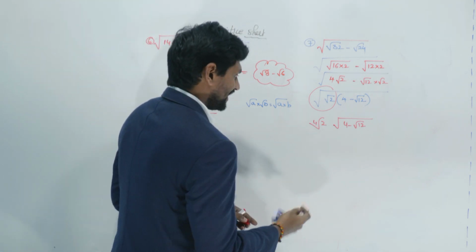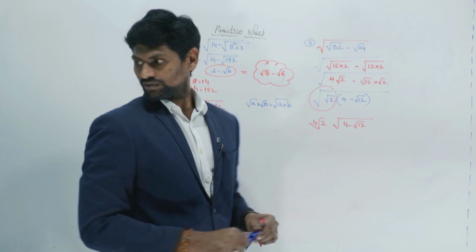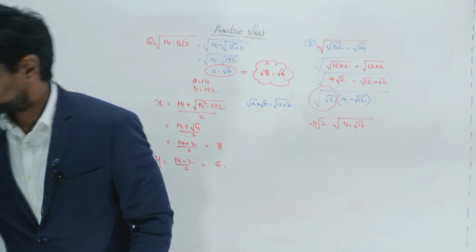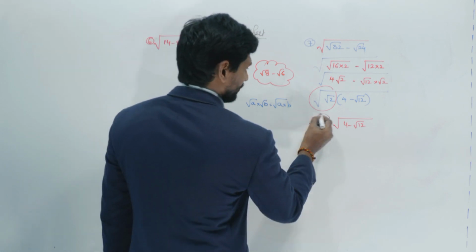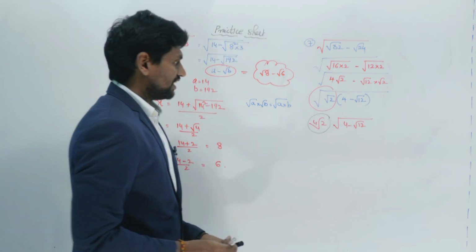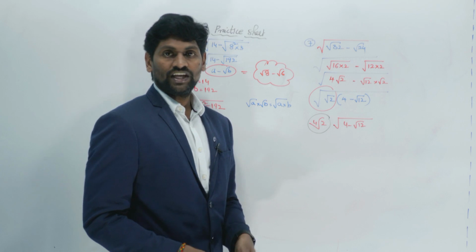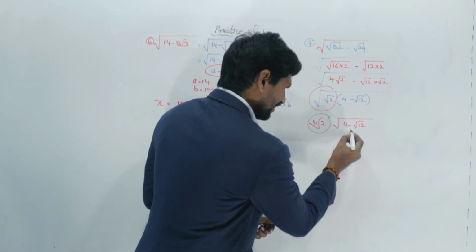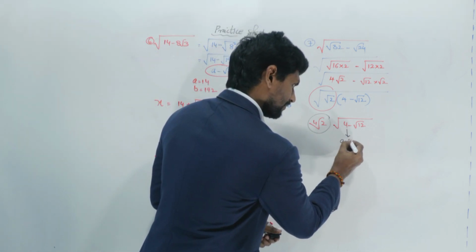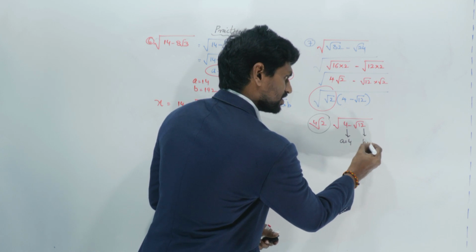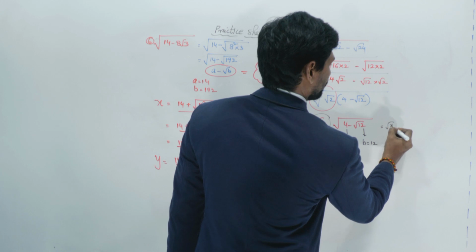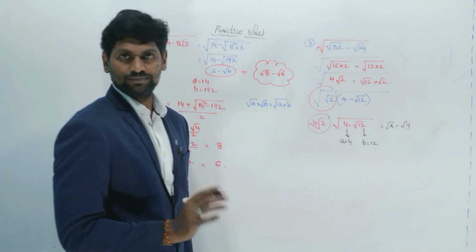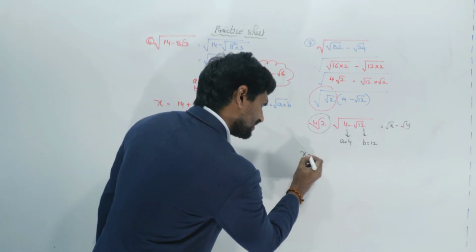So by using x value, one second, by using x value we'll see. This one separately we can keep here. And this one is in the form of a minus root b. So a value is 4 and b value is 12. So this is in the form of root x minus root y, right? Root x minus root y. So what is the formula for x value?